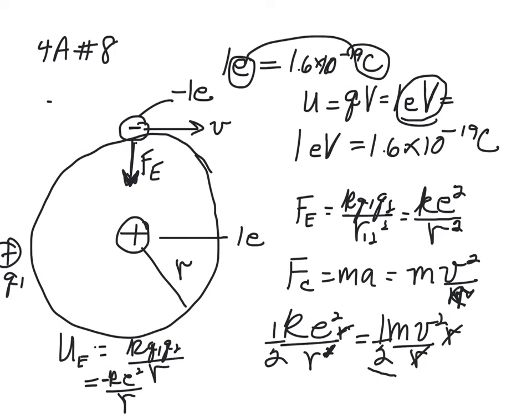And so you can put the numbers in and calculate all that. Okay, hopefully what I showed you will get you through problem 8 and 10. If not, you'll have to ask me.